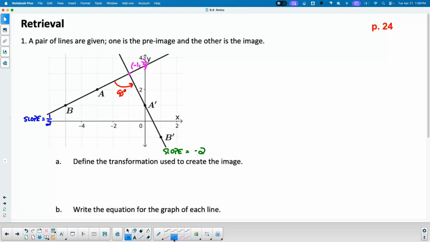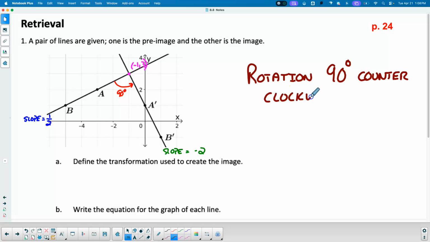So this would be a rotation 90 degrees counterclockwise about -1, 3. Yes? Same thing. More mathy to say about. Okay?